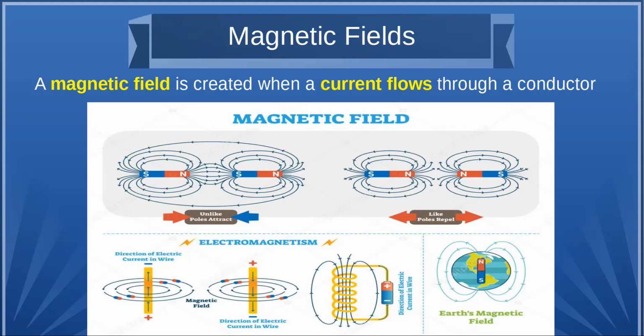So in this one, we're showing a conductor with the current going in that direction, and use the right-hand rule. Okay? Your thumb is the direction of the current. Your fingers are the direction of the magnetic lines of force.